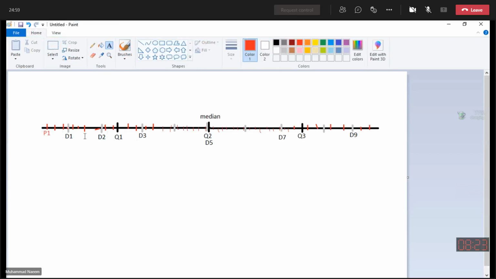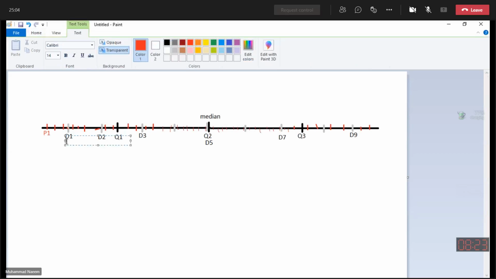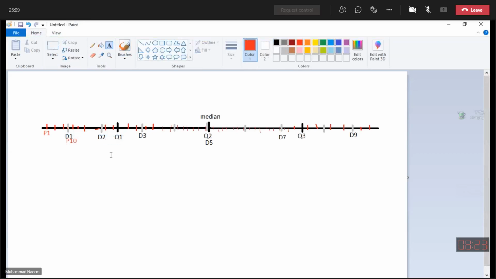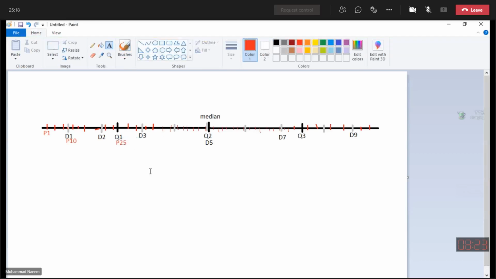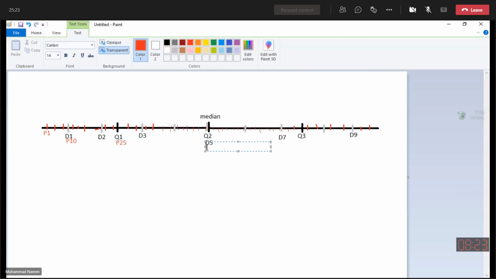D1 will be P10, and this Q1 will be P25, and this Q2 will be P50, D7 will be P70.